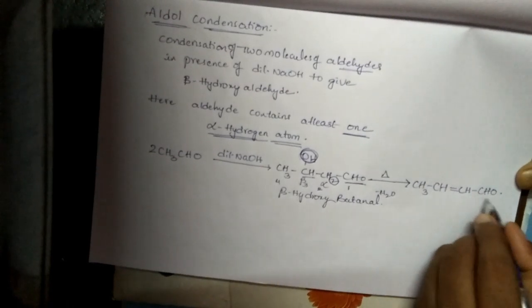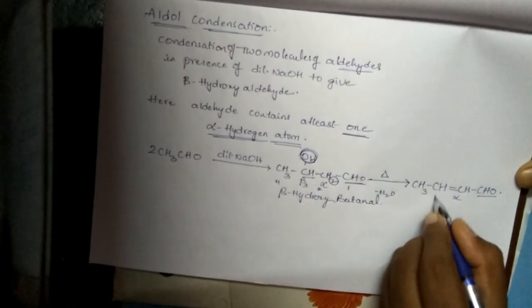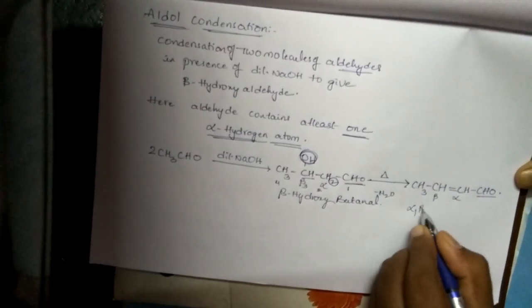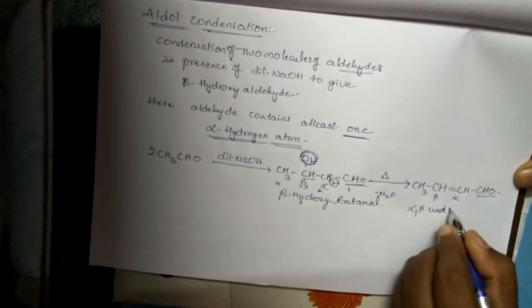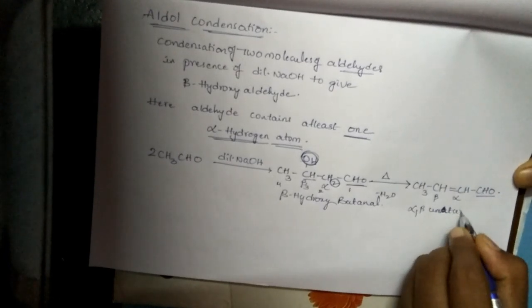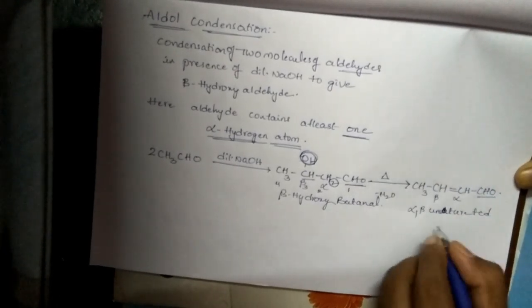The name of this compound is, functional group alpha beta, alpha beta unsaturated aldehyde. Unsaturated means alternative double bonds.